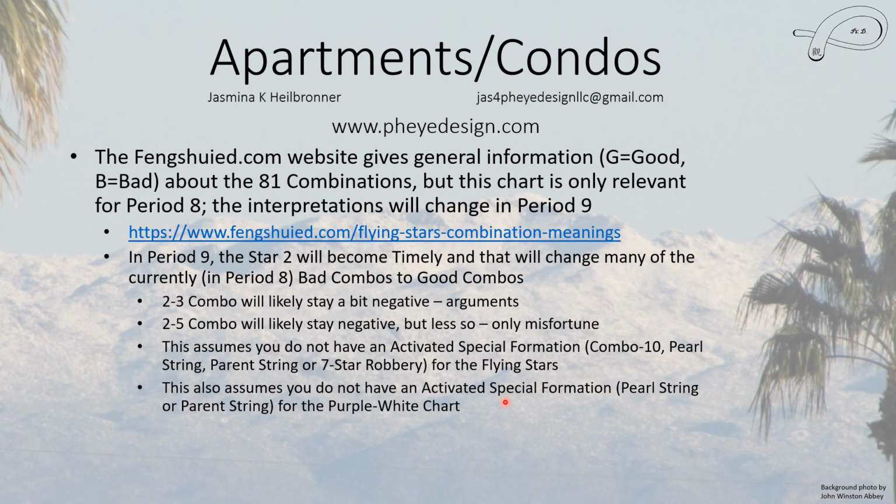And it's also assuming you don't have an activated special formation in your purple-white chart. And so you can either have a pearl string or a parent string. And it's good if you can have them, but most places don't have them. And what that means is that both the 3 and the 5 are no longer negative if you have one of these special formations in those specific charts.